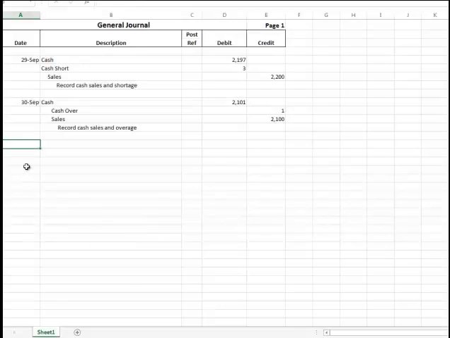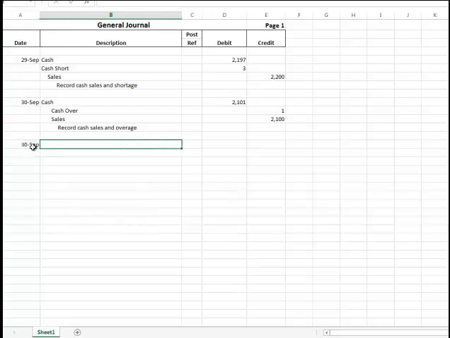So I'm going to go back over to my general journal, and that was on September 30. Okay, first thing we're going to do is take the $800 that Stacy Fairley owes us out of our accounts receivable account and put it in a new account we call notes receivable, because we're having her sign a note, which is basically a loan that says she promises to pay within a certain time at a certain interest rate.